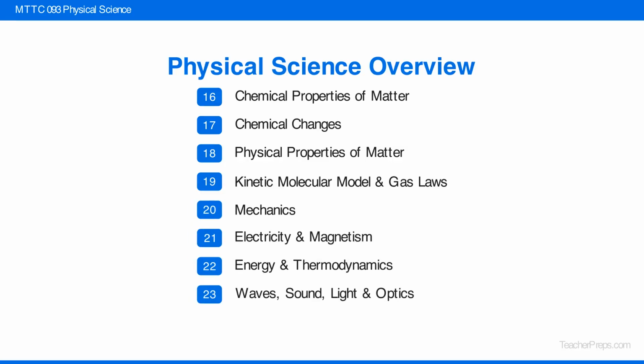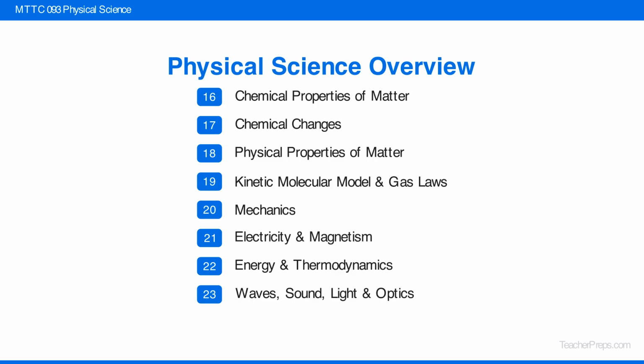After that, we cover the physical properties of matter: density, states of matter, and phase changes. Next up is the kinetic molecular model and gas laws. Then we shift to mechanics: Newton's laws, force, work, power, and simple machines, followed by electricity, magnets, and electromagnetism, then energy and thermodynamics. And we finish with waves, sound, light, and optics.